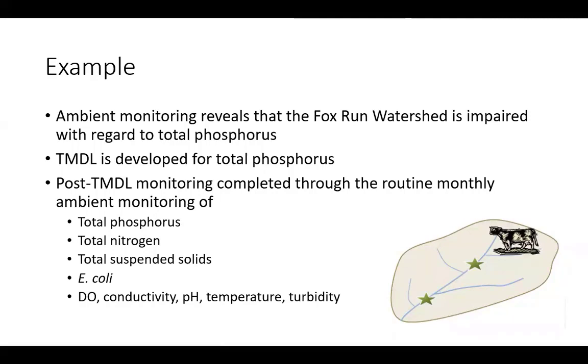Since nitrogen levels are often elevated in the same sort of runoff, we would do nitrogen. It's land runoff, so suspended solids would make sense. It is an agricultural operation, so monitoring for E. coli.